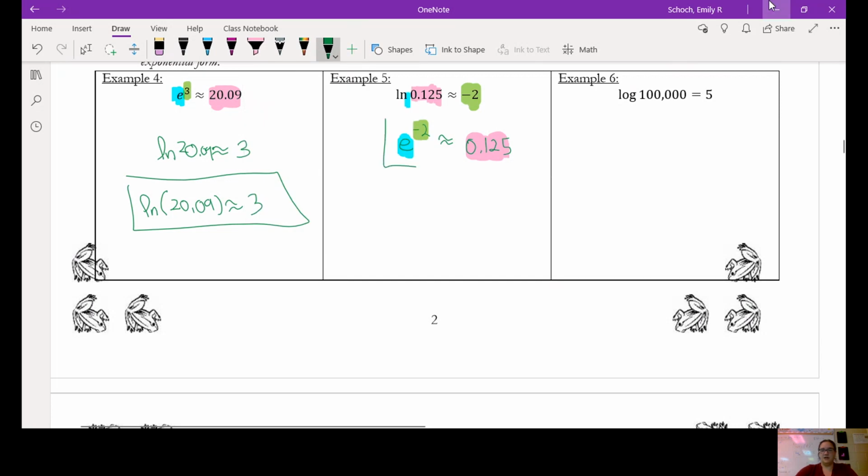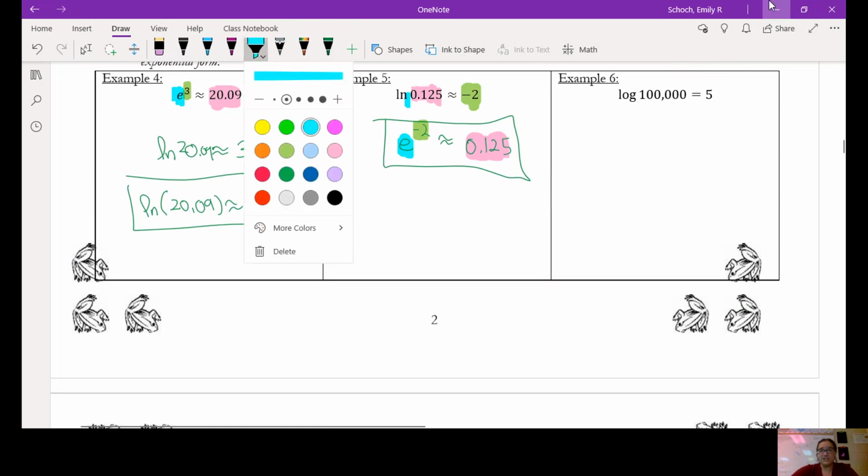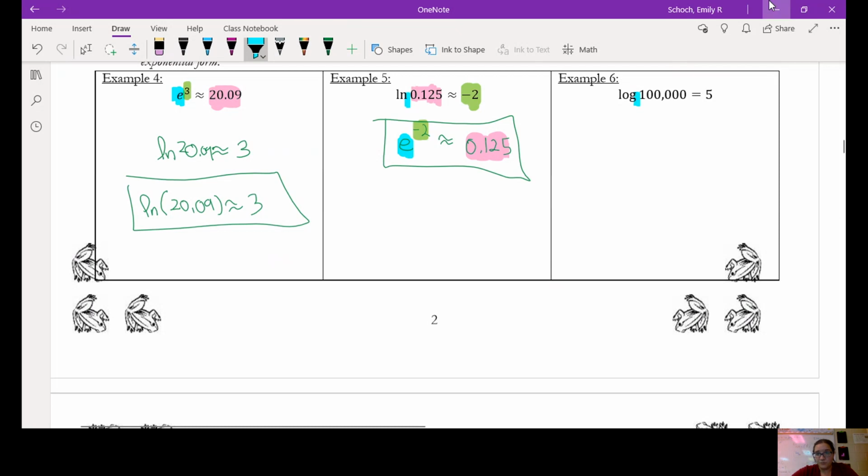All right, for example 6, again, we don't actually have a base here. We're missing the base, which would be here. If there was a 3 there, then we would start by writing 3. But there's no base, and it's not ln, it's log.